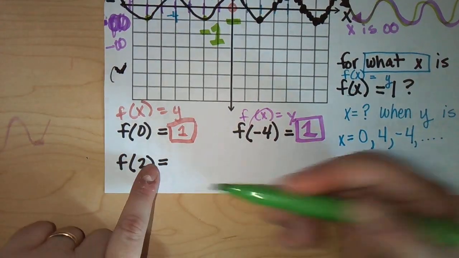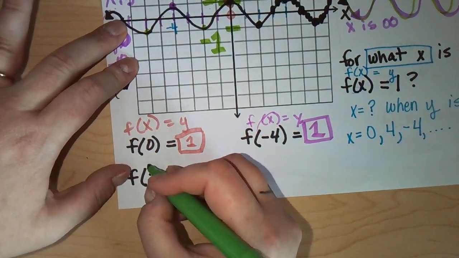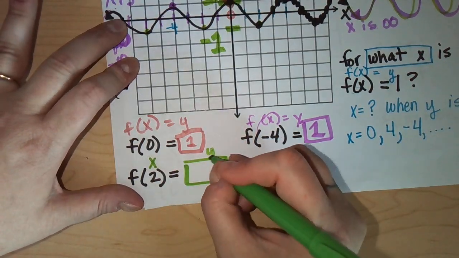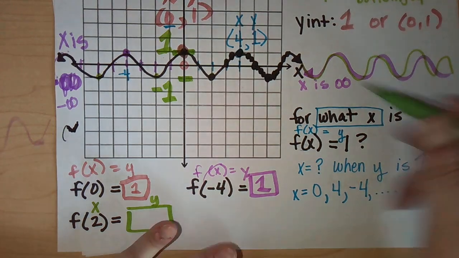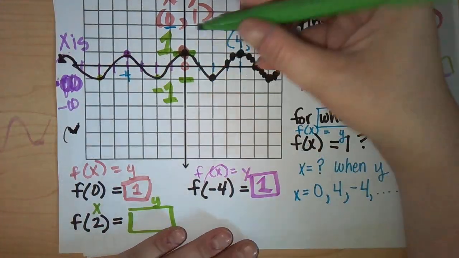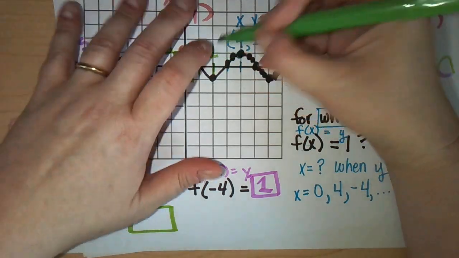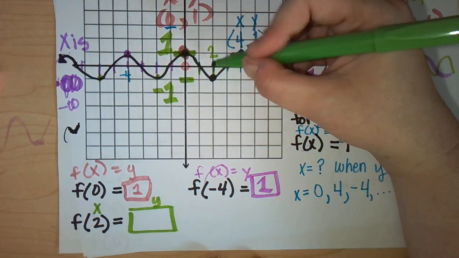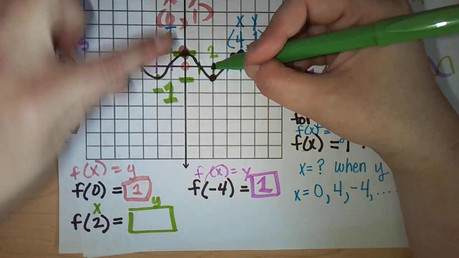Then it says f of 2. That means when x is 2, we have to figure out the y. So let's go find 2 on the x-axis. X is side to side, and 2 goes to the right: 1, 2. Hey, here's 2. Now we need to write down the y value, which is how far we go up or down to get to our curve.